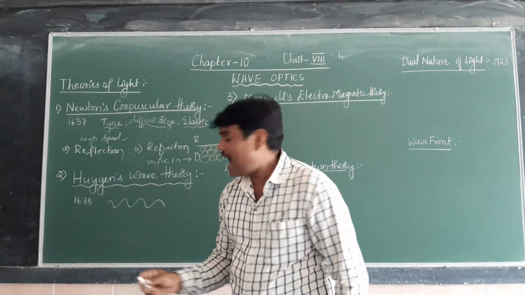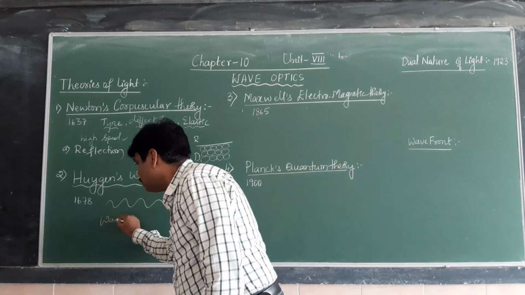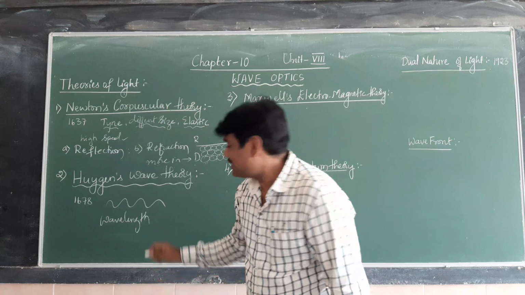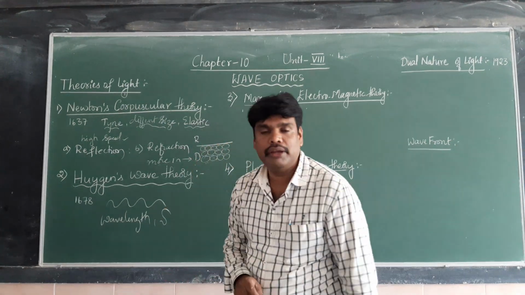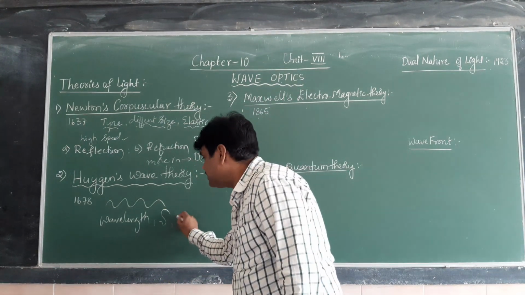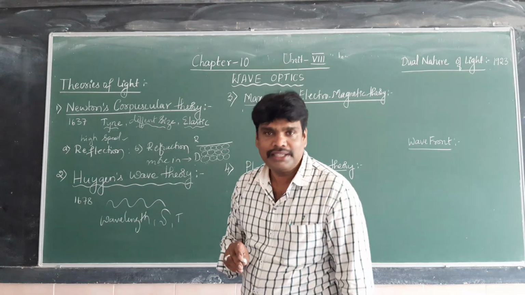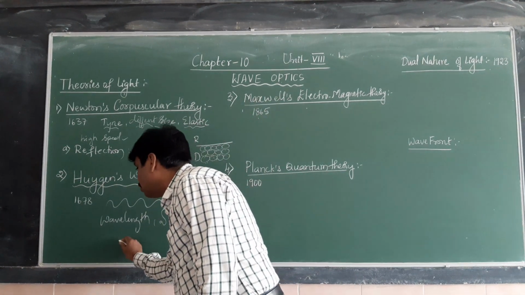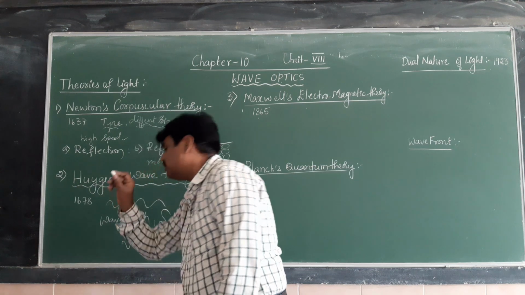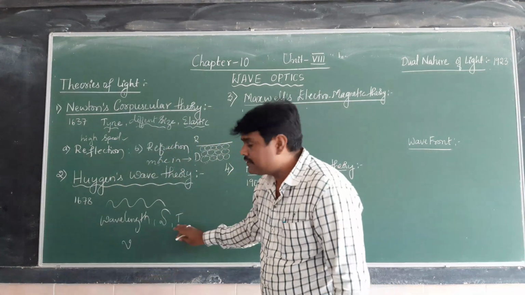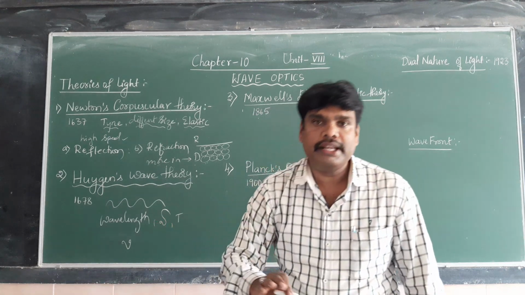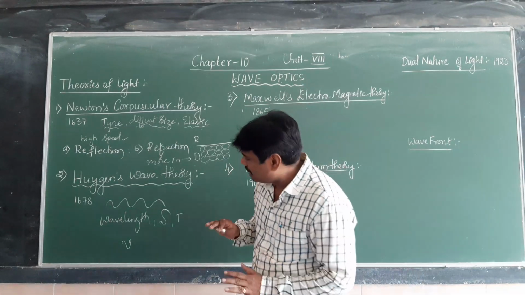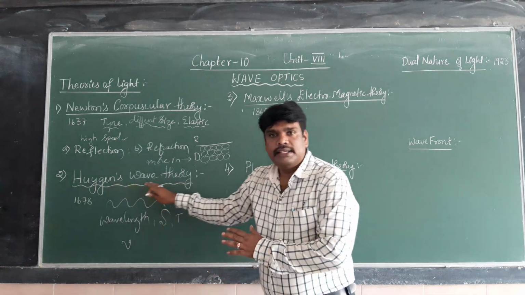Wave means it has wavelength, it has frequency, it has time period. Wave has a speed called wave speed, the velocity of the wave. All these fundamental things you already studied in the waves topic in first PUC. The same condition is applied here.